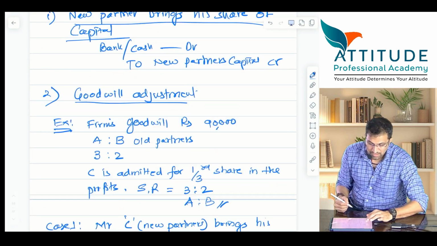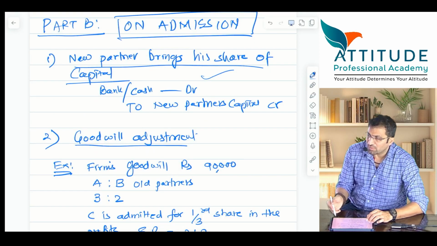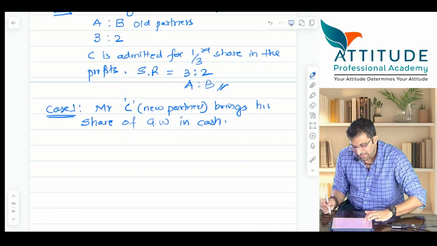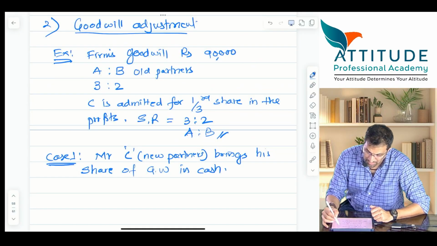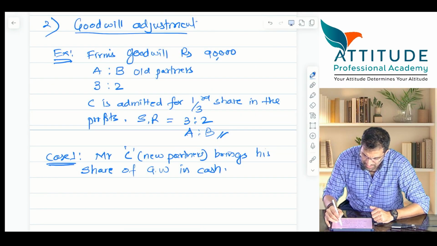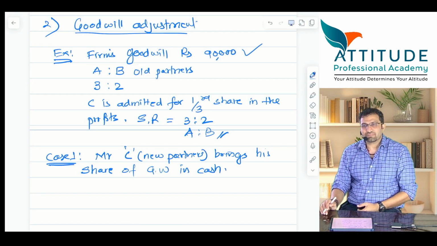Now I am C. I have brought the capital also. You asked me to bring 10 lakhs capital, and I am bringing 10 lakhs capital. Now you are telling me, Mr. C, the firm's goodwill is 90,000, bring your share of goodwill.